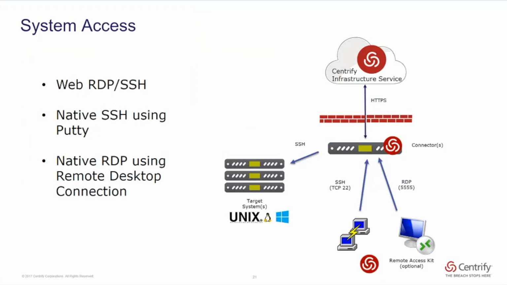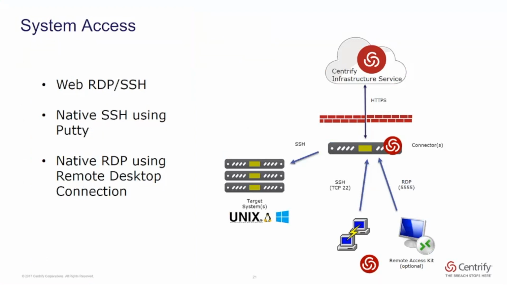Alternatively, we do allow the use of a native client, such as SSH using PuTTY, or the native RDP, Windows Remote Desktop. Again, though we are using the native client, we are still using our Centrify connector to proxy the session over to the target system.